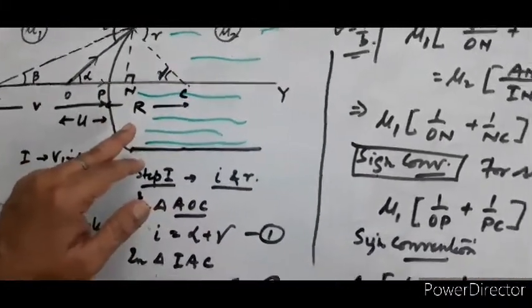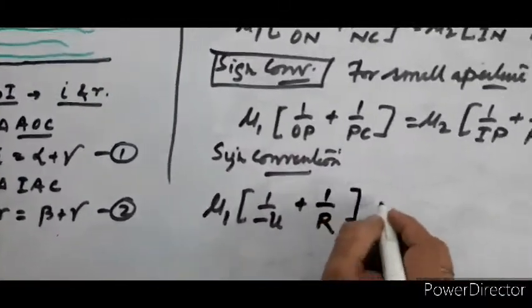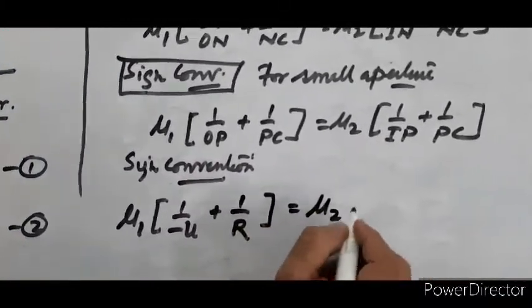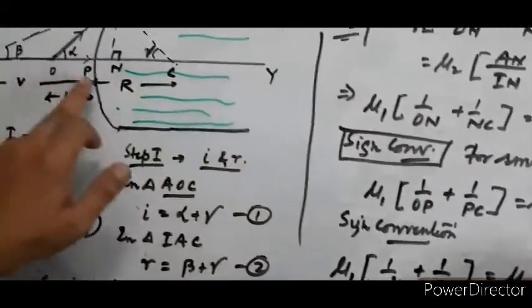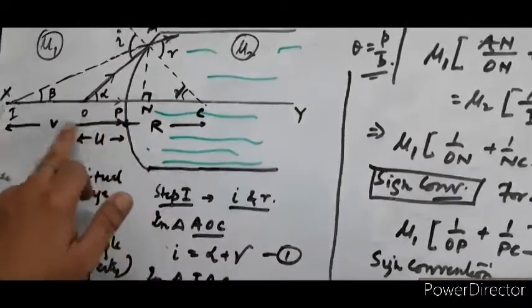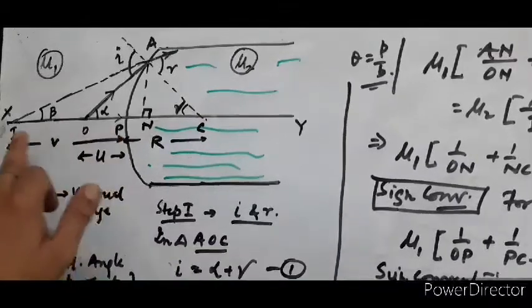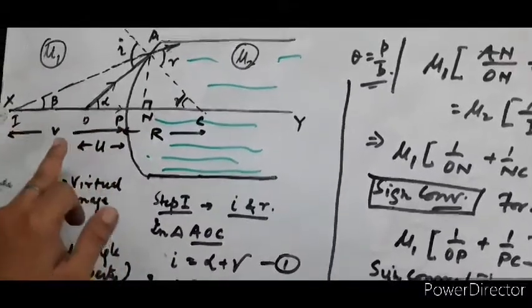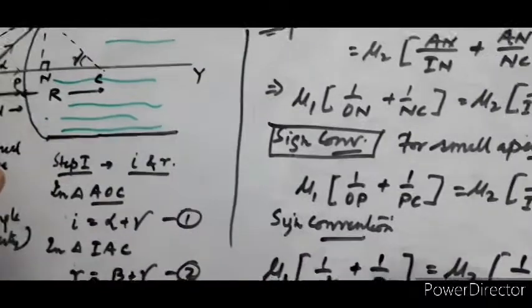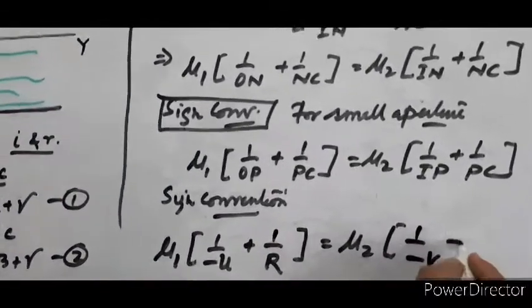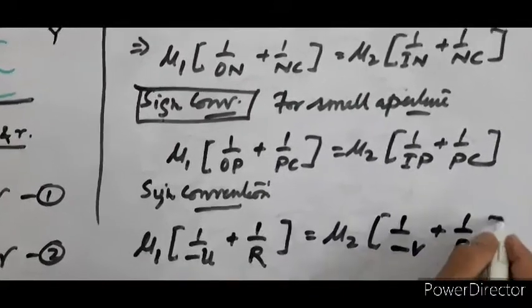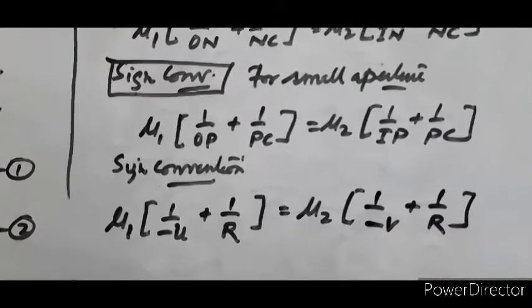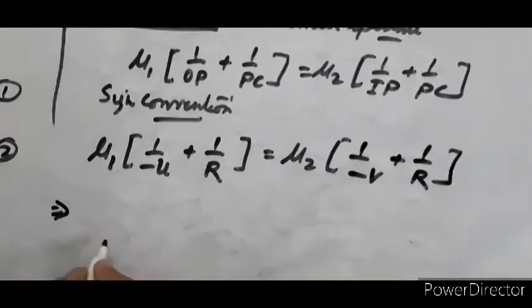So 1 by R is equal to mu2 times 1 by IP, the image distance, which is against, because all distances should be taken from the P. So 1 by minus V plus PC positive 1 by R. Then arrange.